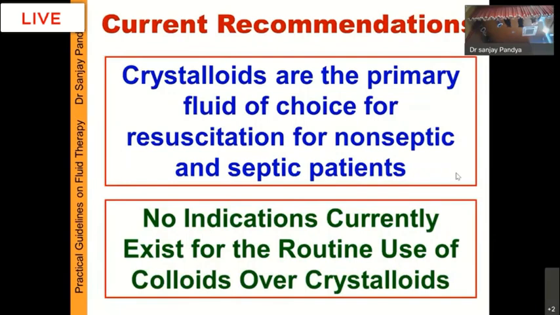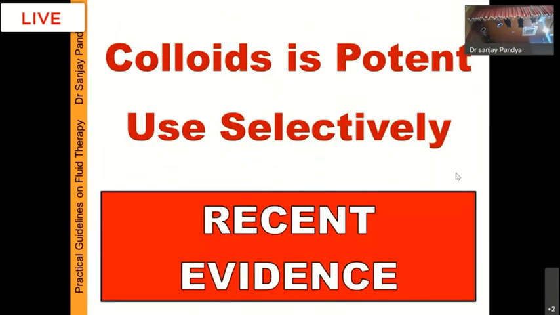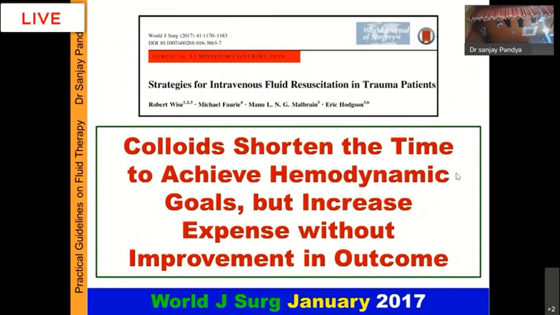So crystalloid is the primary fluid for resuscitation in non-septic as well as septic patients. No indication currently exists for the routine use of colloid as a first line over crystalloid in day-to-day practice. So colloid is potent, used selectively.